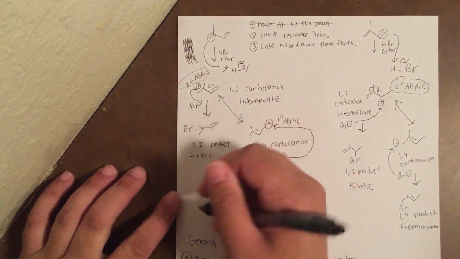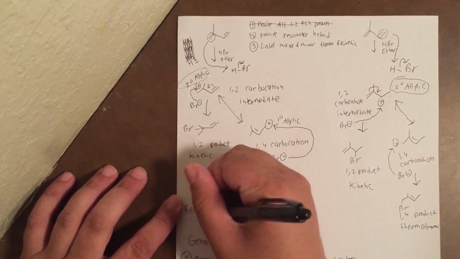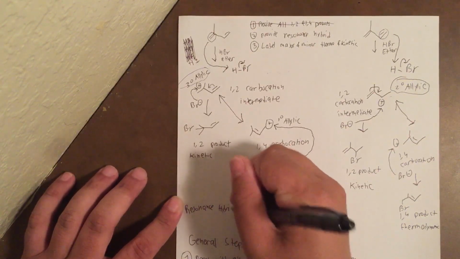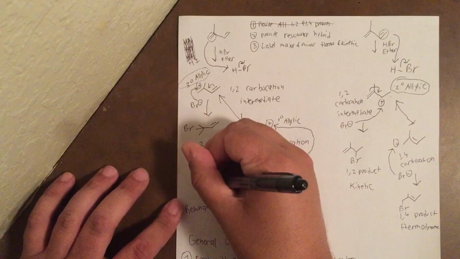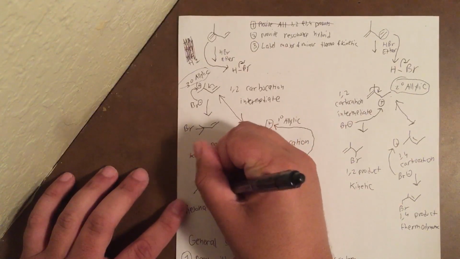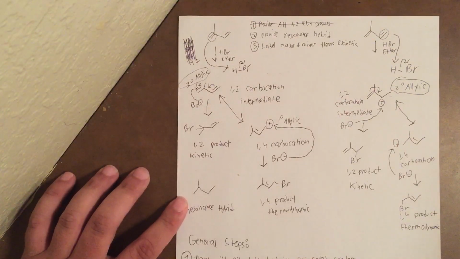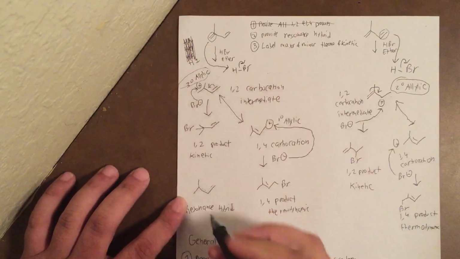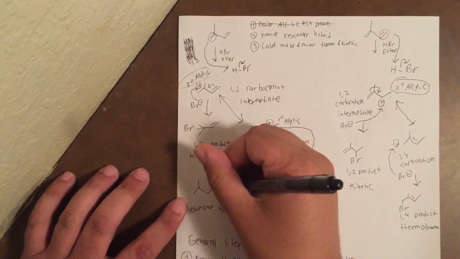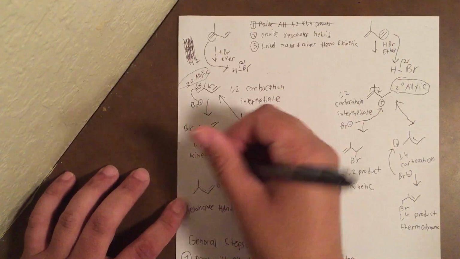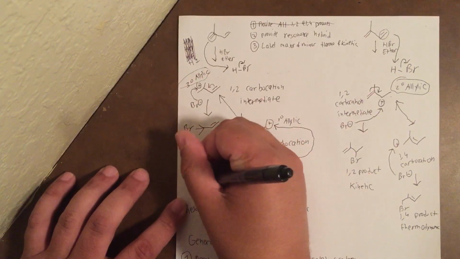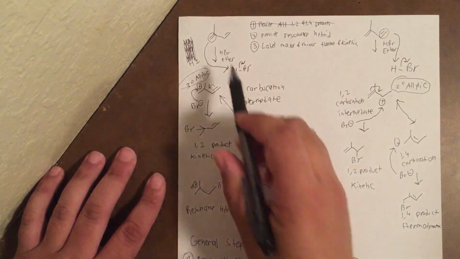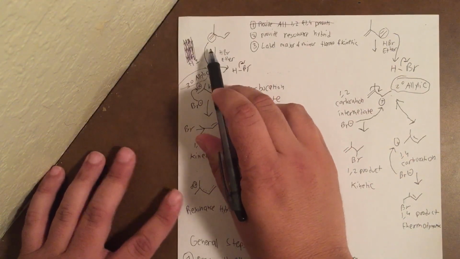So to provide the resonance hybrid, I'll just write it right here, resonance hybrid. I'm going to draw out all of the sigma bonds of the initial compound, and I'm going to write a dotted line for wherever the pi bond traveled through, and a partial positive for wherever there was a positive charge. So this is going to be the resonance hybrid for this compound when we react it with this double bond.